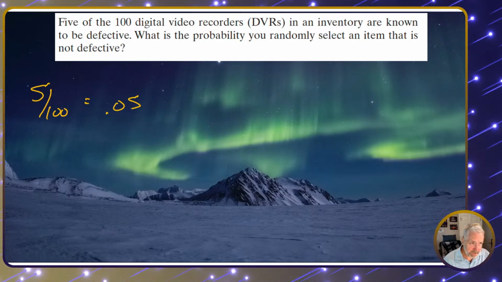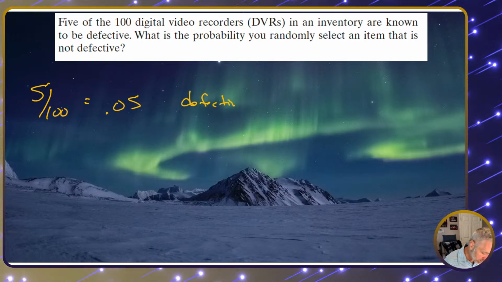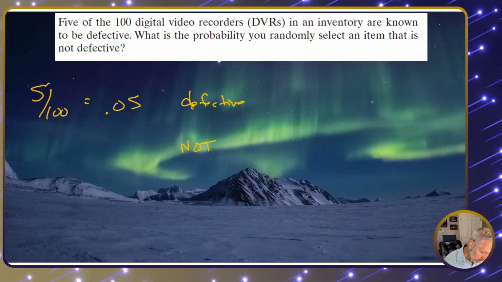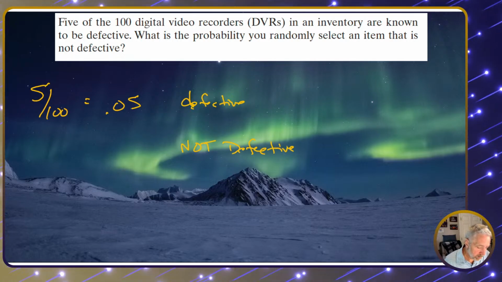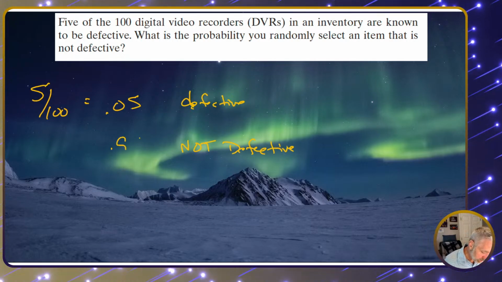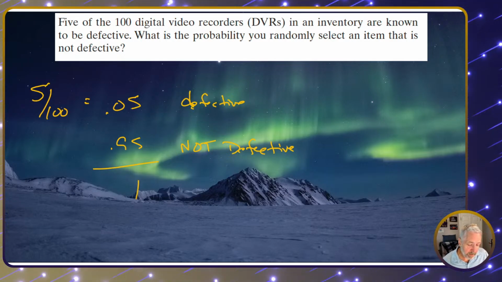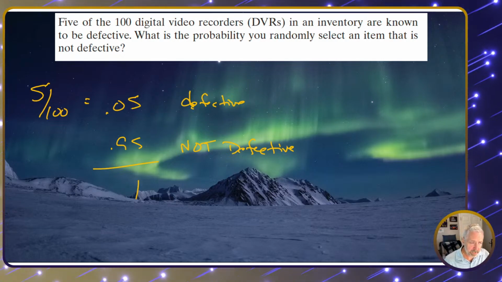So what represents not defective? So these are the defective ones. Therefore, not defective would be the rest of it, which would be 0.95. Add that up, you get 1. So if you're looking for the probability that you randomly select an item that is not defective, it's 0.95.